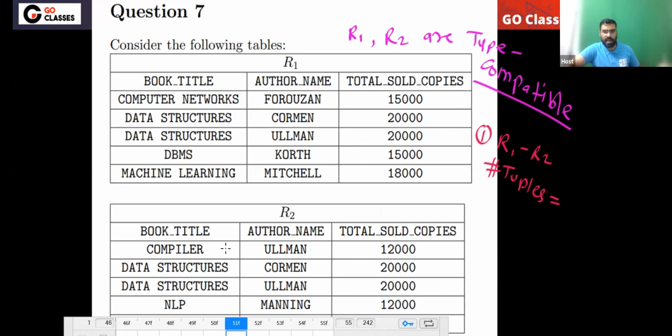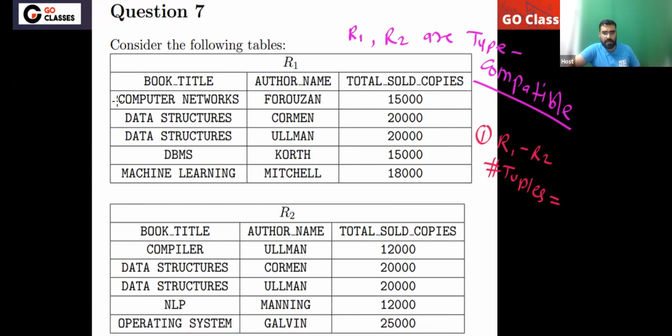If you find R1 minus R2, it contains those tuples which are only in R1 and not in R2. For example, this tuple is in R1 and not in R2. Data structure Ullman 20,000 will not be in R1 minus R2.